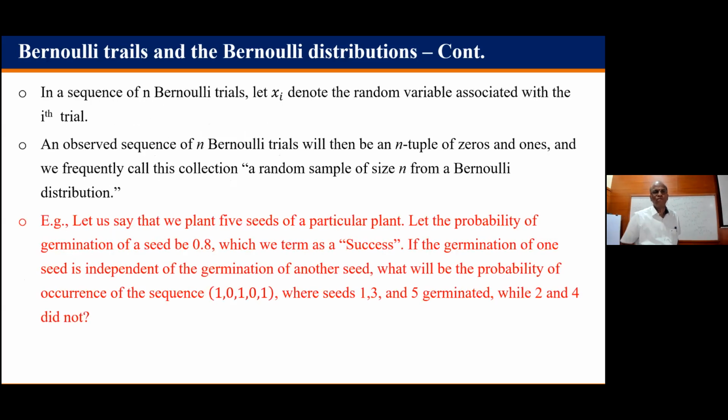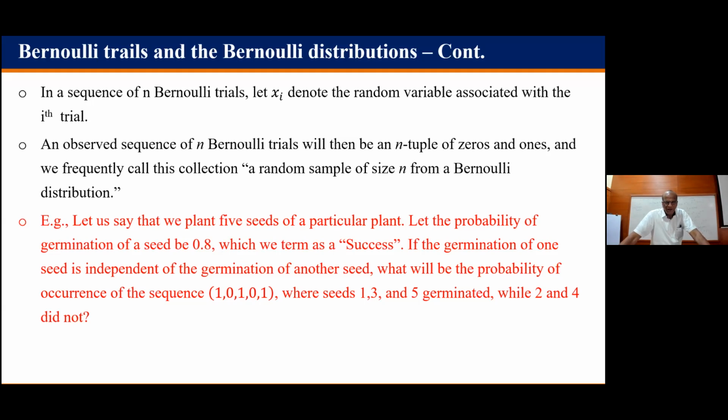All right. Now, this example we saw. Let us say that we plant 5 seeds of a particular plant. Let the probability of germination of seeds be 0.8, which we term as success. If the germination of each seed is independent, what will be the probability of getting 10101, where seeds 1, 3, 5 germinated while 2 and 4 did not? So 1 means 0.8, 0 means 0.2.